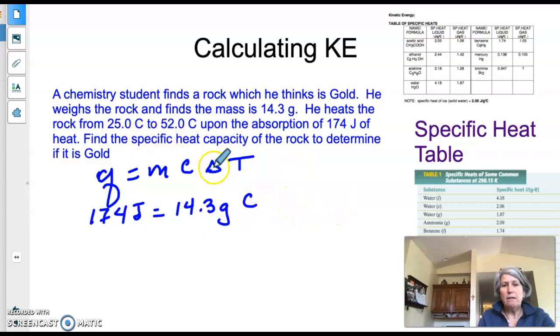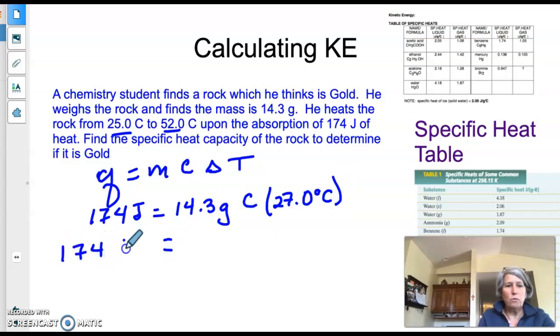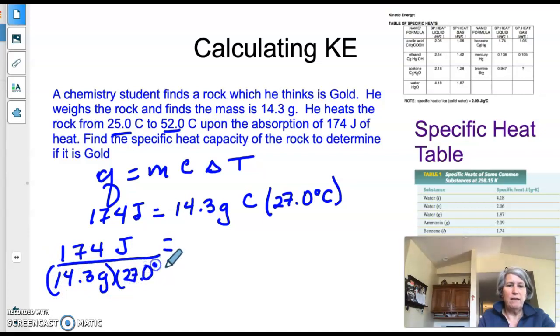And then the delta T would be the change of 52 minus 25, which happens to be 27 degrees C. So now, when I solve for this, it's going to be 174 joules in the numerator, and in the denominator, I have 14.3 grams and 27 degrees C. Do you notice the unit that I'm going to have now?